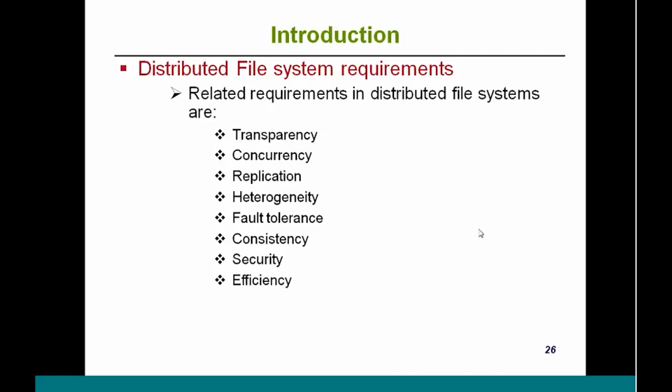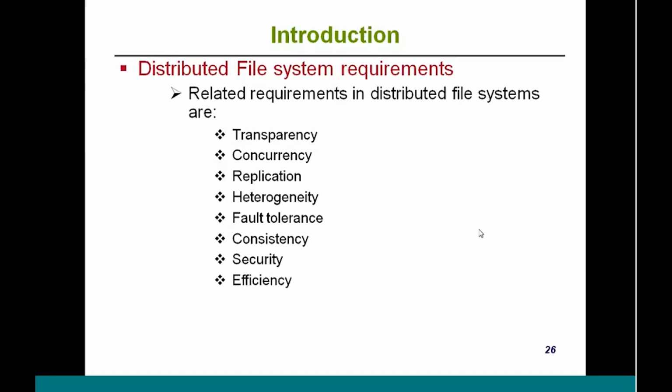So we studied a few things, and we will talk about this briefly, and then we will stop at this point, and from the next time onwards we will expand on this. First of all, I will give you the definitions of all these different terms, and then we will move forward. I just wanted to give you the distributed file system requirements.